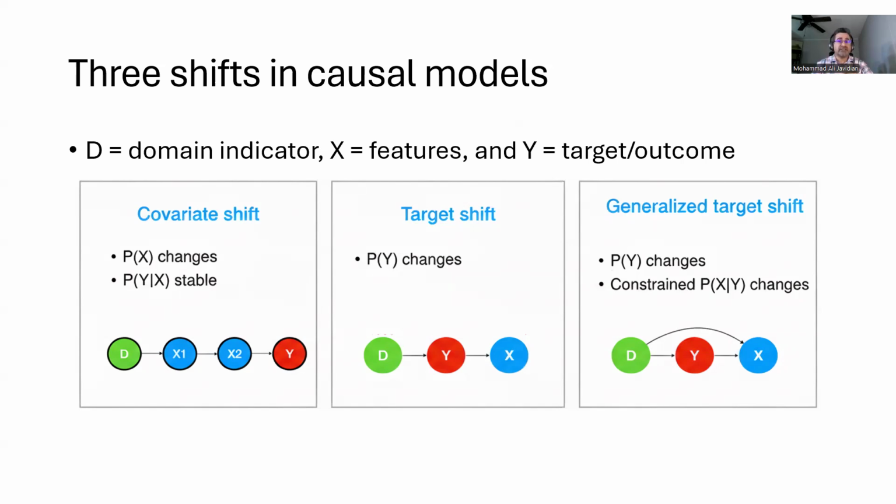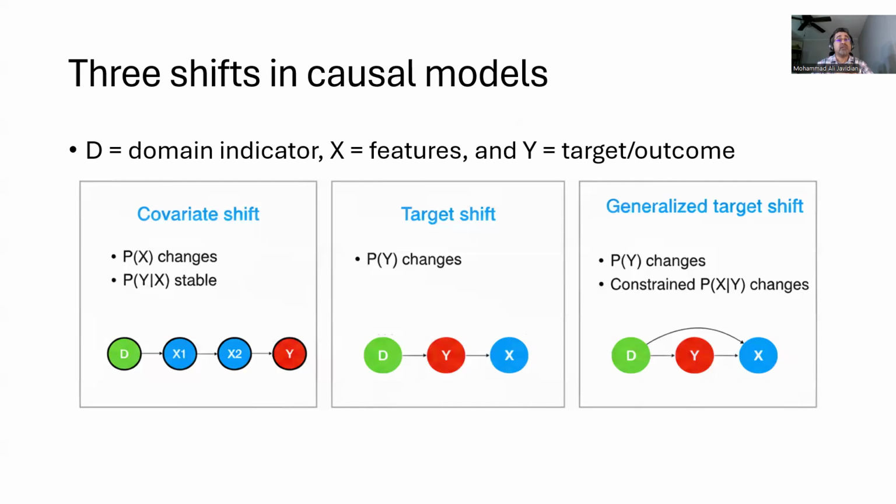Second, target shift. The class prior P of y changes. Third, generalized target shift. P of y changes and parts of P of x given y change under constraints. We will use these structures to guide adaptation.